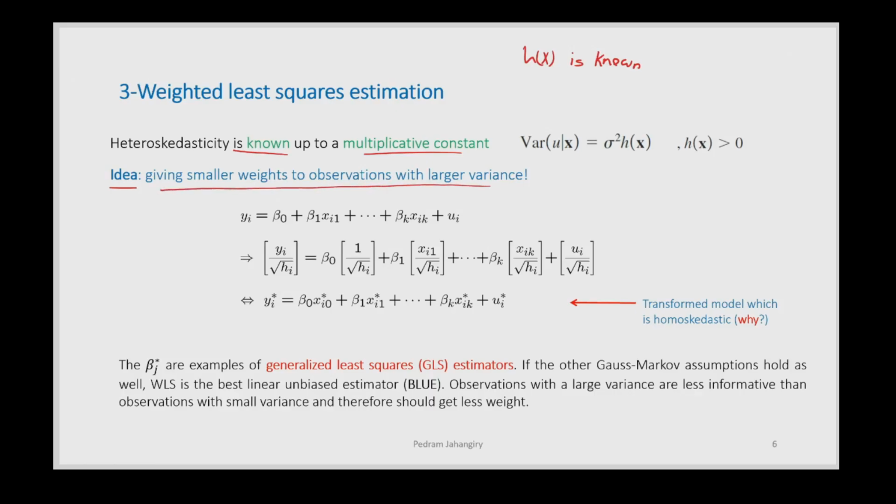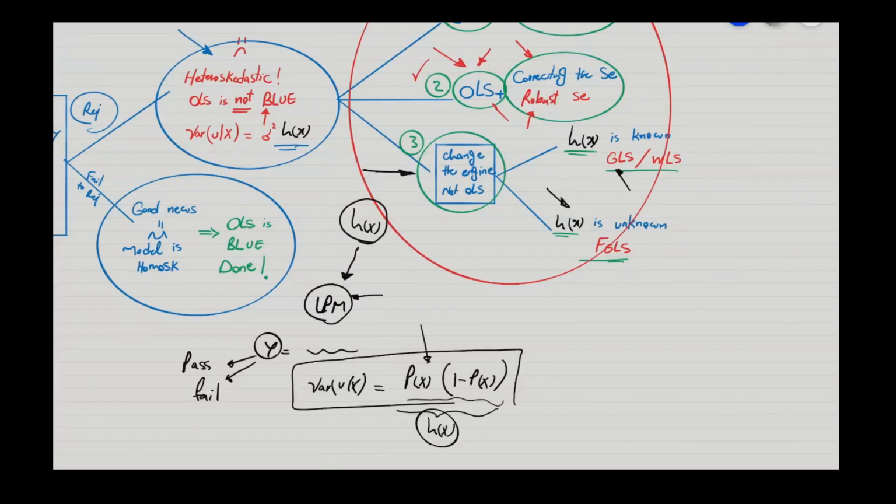Let me actually use the whiteboard because this requires a little more explanation. Imagine this is my data set. I have a bunch of observations here, and then I have a couple of outliers there. Let me be a little more exaggerated and put them here.